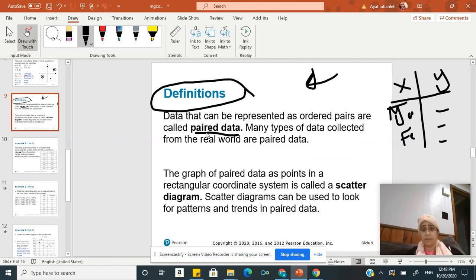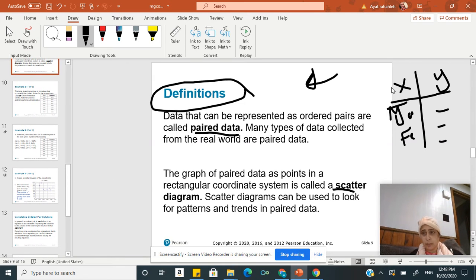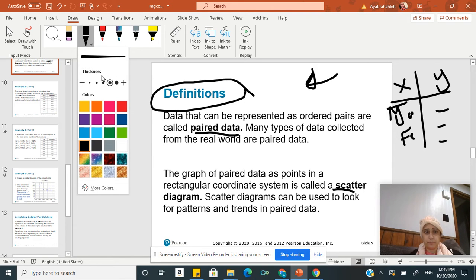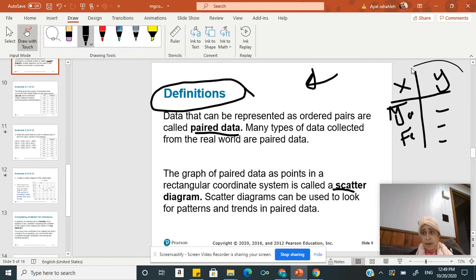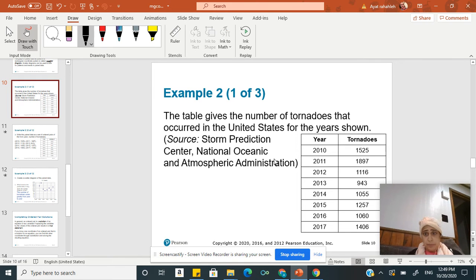That is called paired data. A graph with paired data in a rectangular coordinate system is called a scatter diagram. Scatter diagrams can show pairs and trends. Not every piece of data has a clear relationship. This is to help you understand that when data is paired, it doesn't necessarily mean there has to be a relationship.